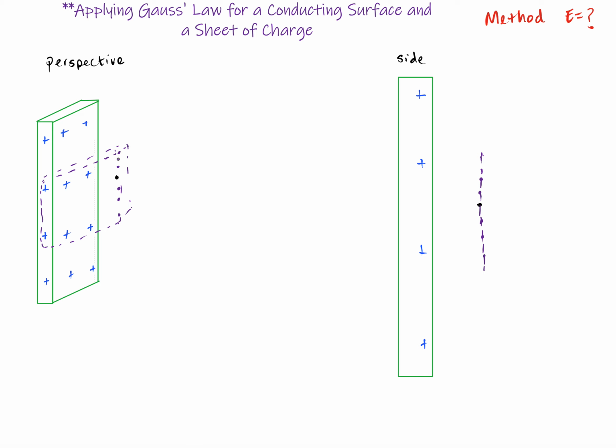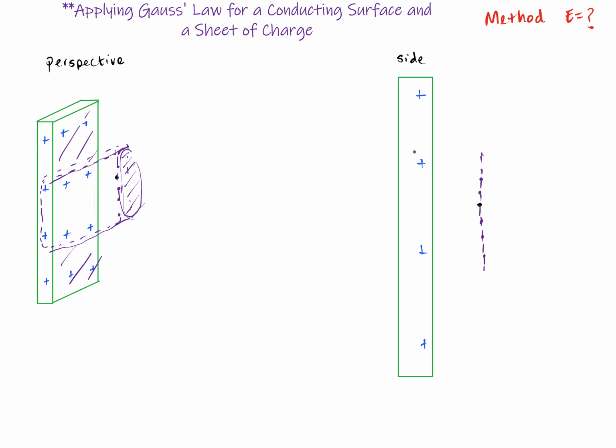So it's kind of like that. But instead of a rectangular prism, I'm actually just going to make a cylinder like this. And you can kind of think of that cylinder as projecting outwards, where this face right here is parallel to the face of the surface.